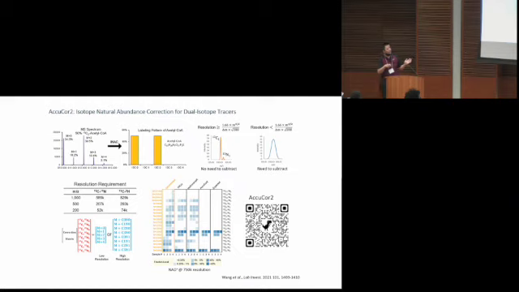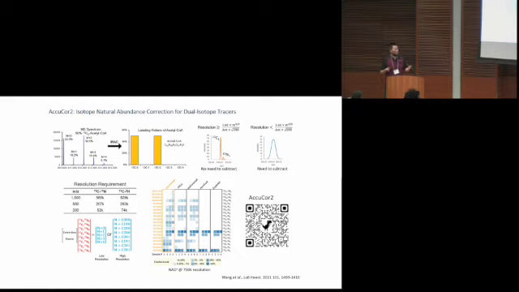The second situation is that your resolution is not enough to resolve these two species. In this case, the nitrogen-15 does interfere with your carbon-13 observation, and therefore you do need to remove this part from your observation.